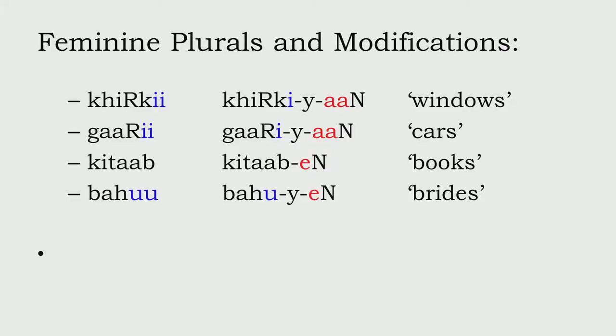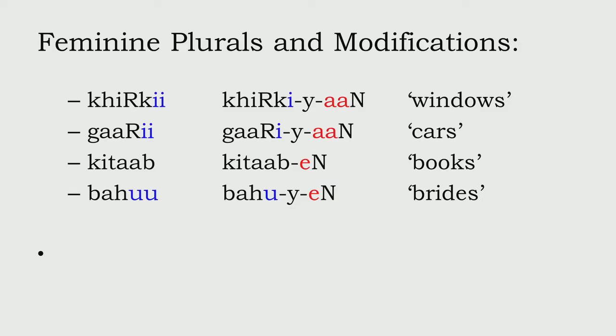Now, I want to attract your attention to the plural forms again. Please look at the examples on your screen. And see what's going on. In the plural form, look at both singular and plural forms.